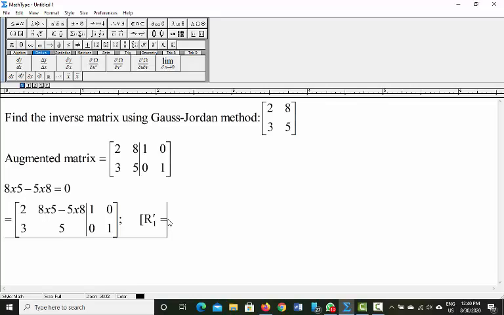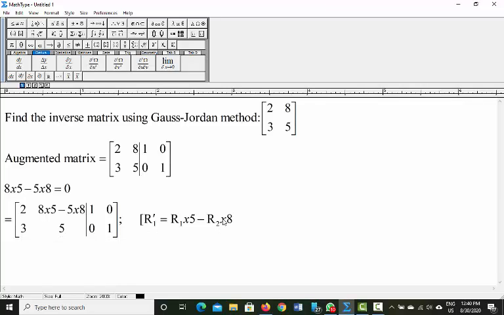So how do we get the new row 1? We are getting it by multiplying row 1 with 5, minus row 2 multiplied with 8.